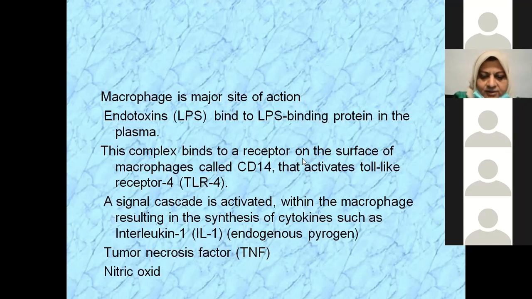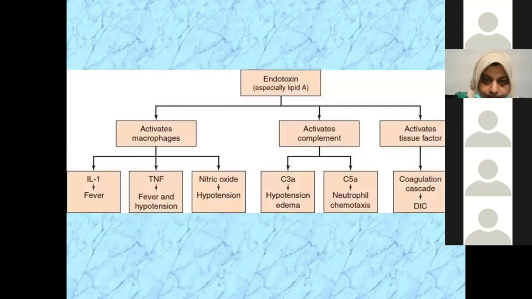And the signal is activated and the macrophage starts to synthesize large amounts of cytokines. Cytokines are secretions from the white blood cells, especially macrophages. So interleukin-1 and tumor necrosis factor and nitric oxide are produced in a huge amount. This is how the endotoxin acts.